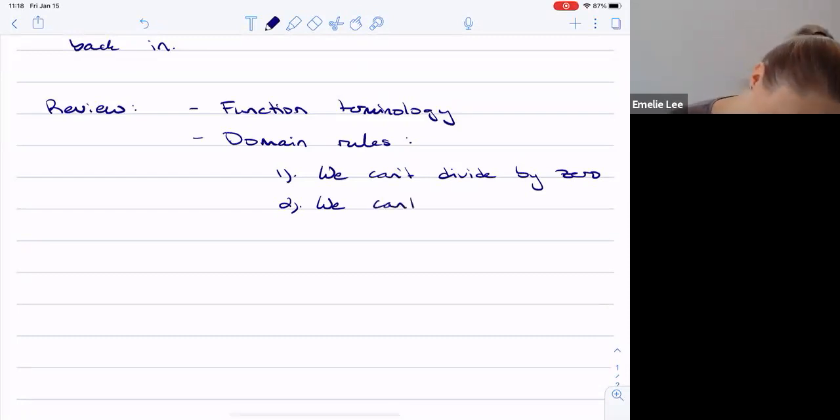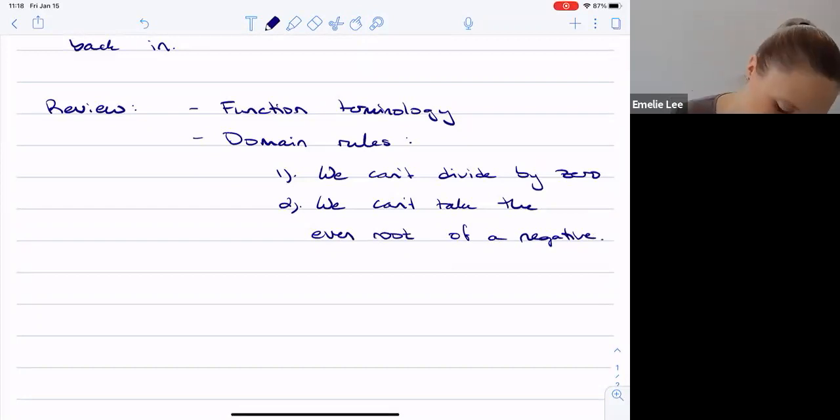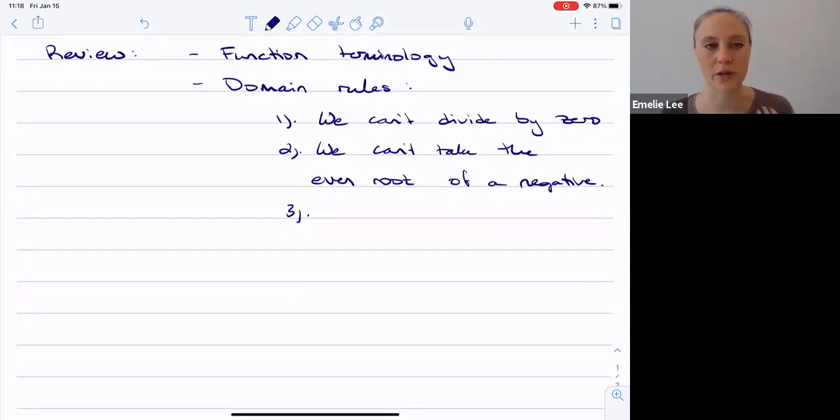We can't take the even root of a negative. So whatever x makes us take an even root of a negative, we have to extract from the domain. And third, which we'll parking lot until we introduce logs again, but we can't take the log of anything but a positive number.